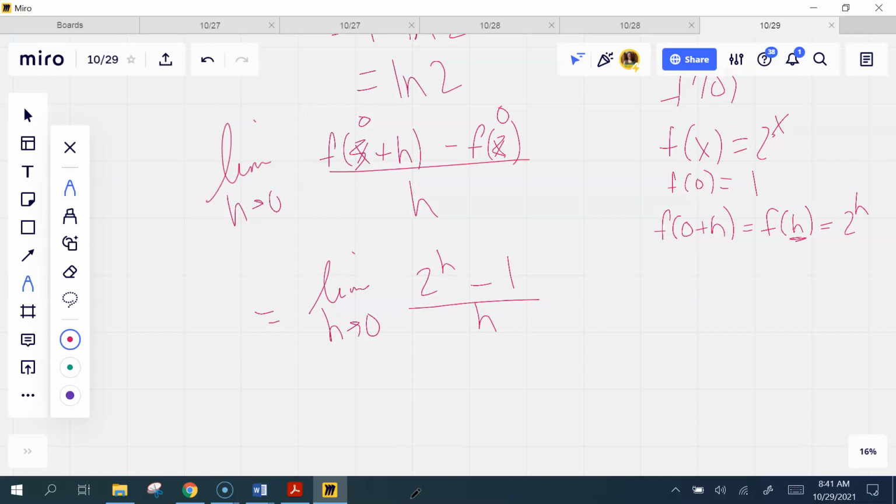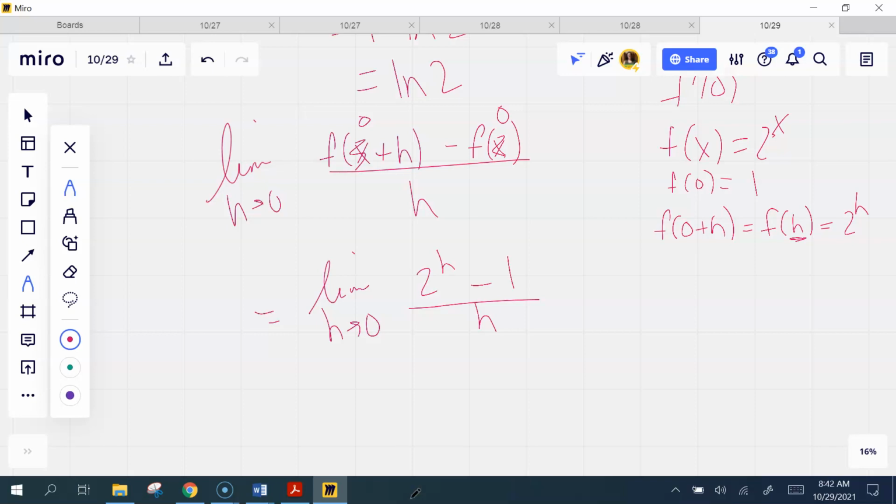Now, part C says deduce the exact value of that. What am I going to do? Any ideas? What's the exact value of that? Well, you just can't plug in 0.